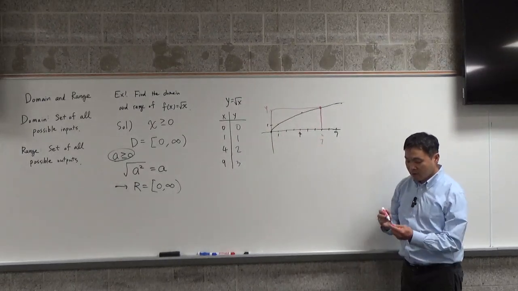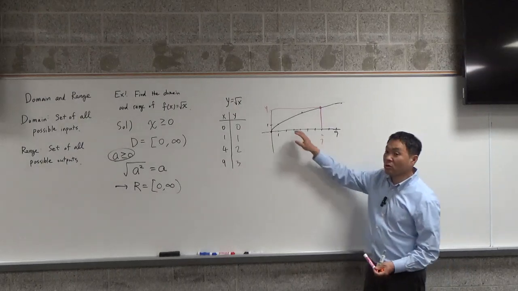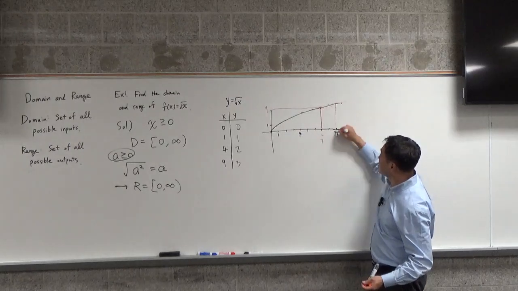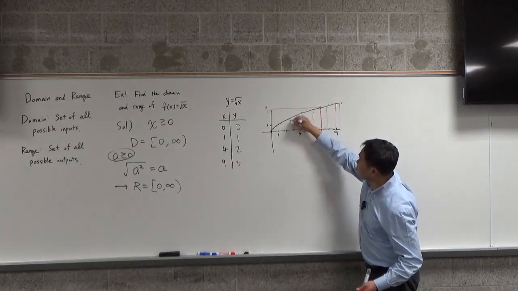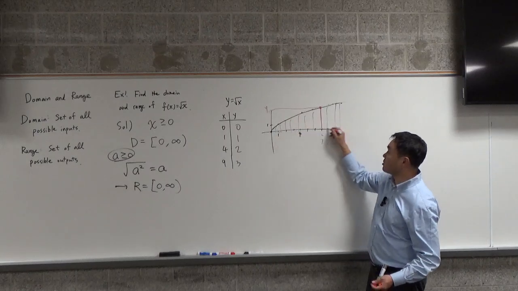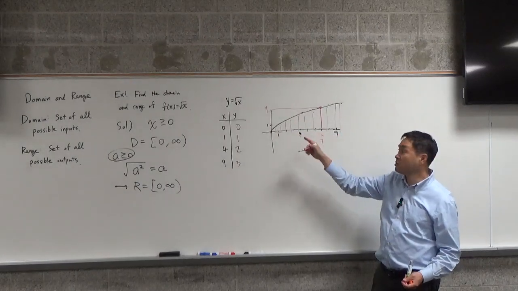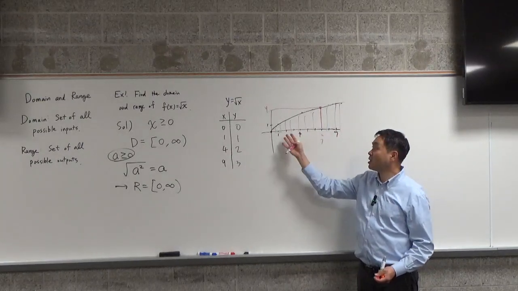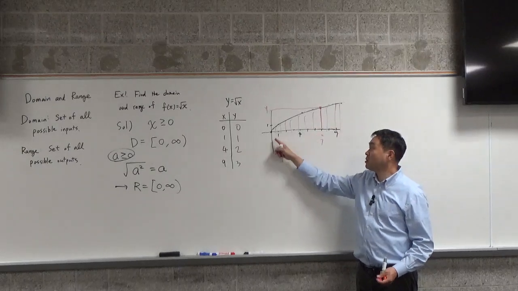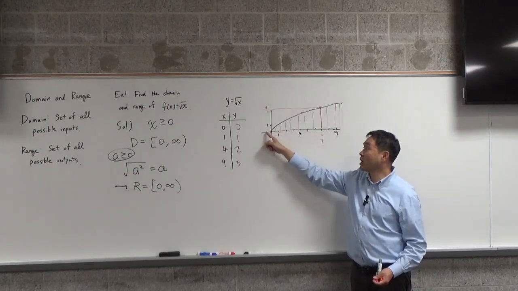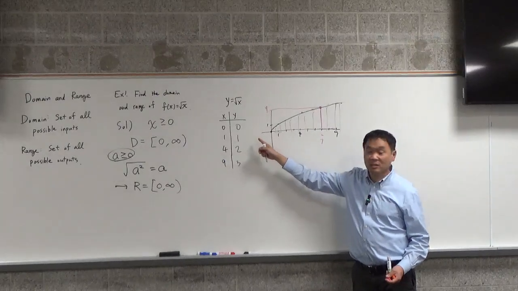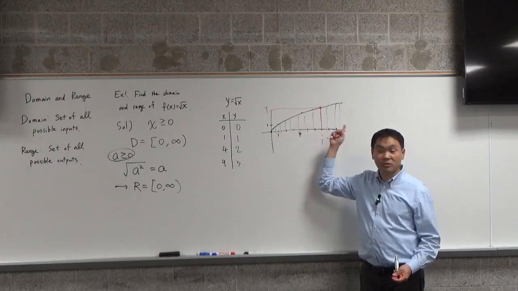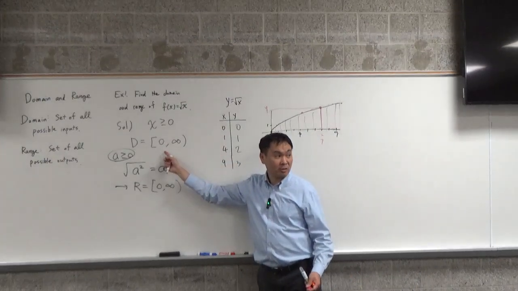Which means that if you collect all the x values, that's like going through every point on this graph and drawing a straight line to the x-axis and seeing what their x-coordinates are. As you can see over here, every value on the x-axis on the right side has something, right? Including 0. Whereas you don't have anything from the left side, and immediately you see that the domain of this graph is 0 to infinity, just like what we saw here.